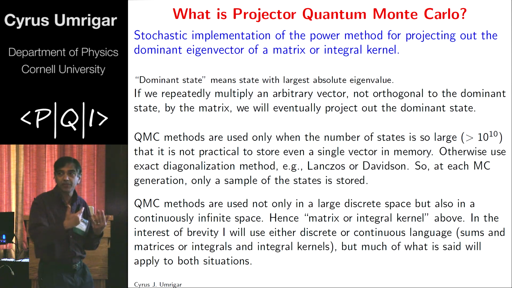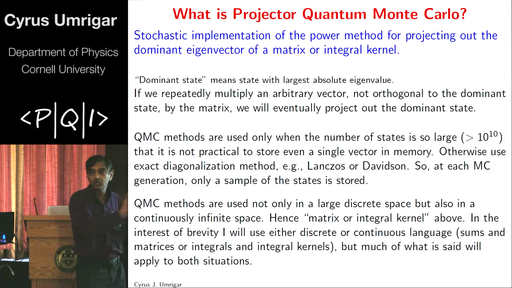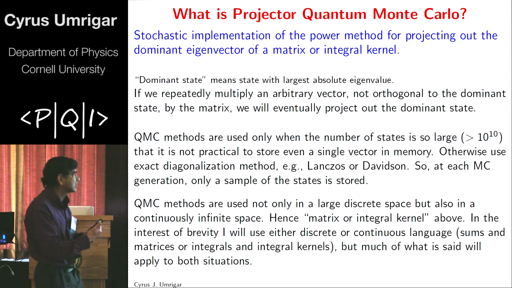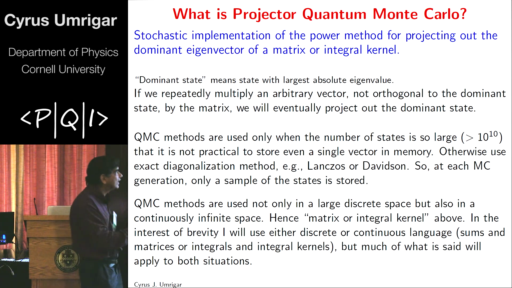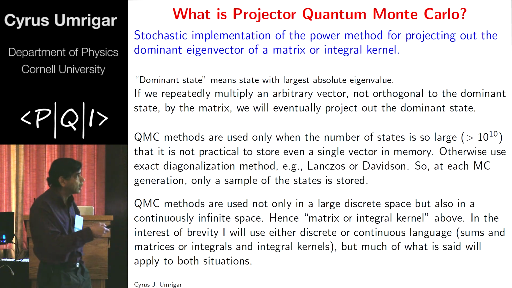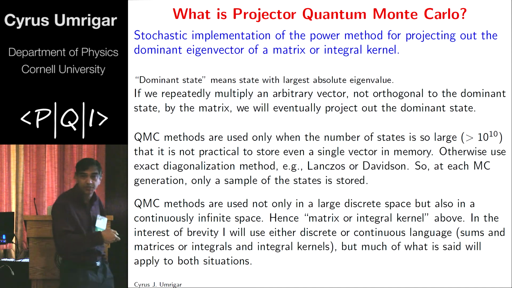So I can sample from my wave function and calculate the contributions of my samples to the expectation values without ever storing the entire wave function. So that's the gist of the projector quantum Monte Carlo methods. And they work not only in a discrete, large space, but they also work in a continuously infinite space.